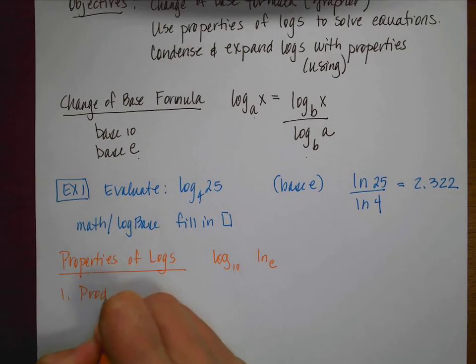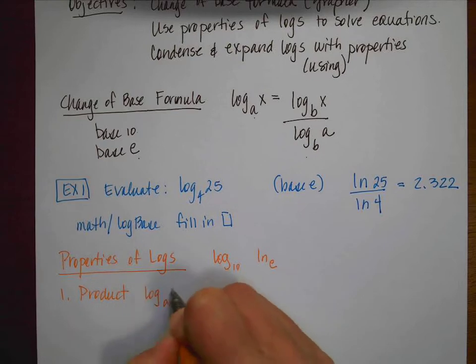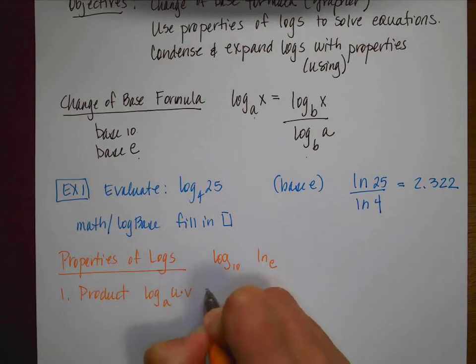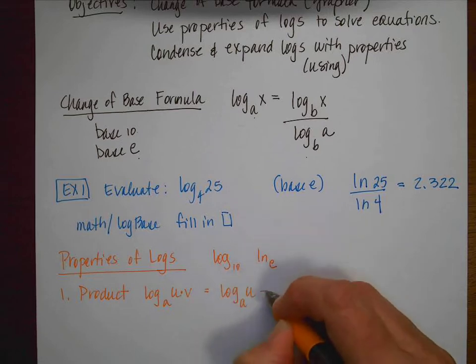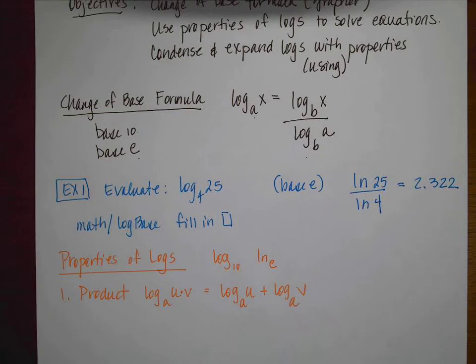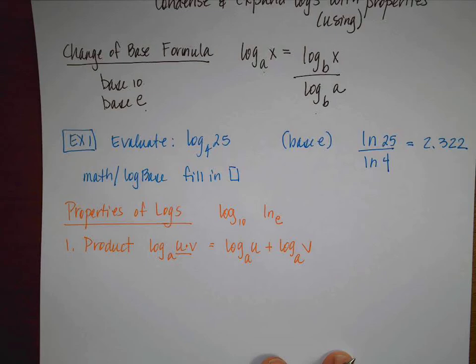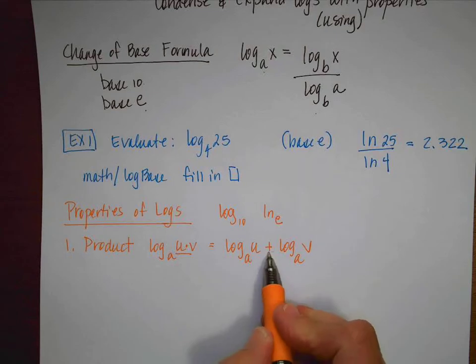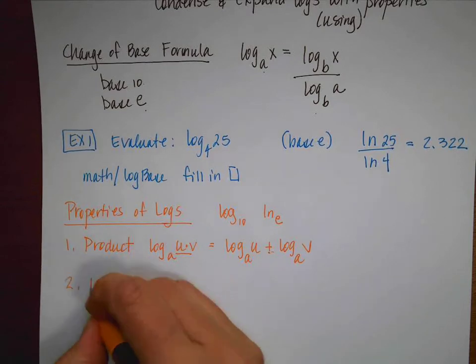The first one is the product property, which says that the log base a of u times v is the same thing as the log base a of u added to the log base a of v. When two or more things are multiplied together, that becomes addition in logarithms. It makes some simplification of math possible.